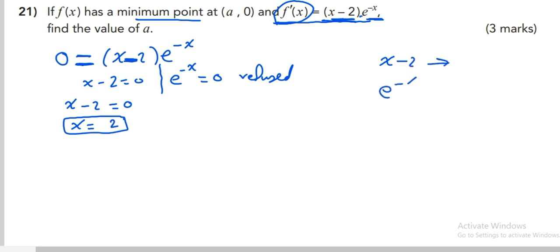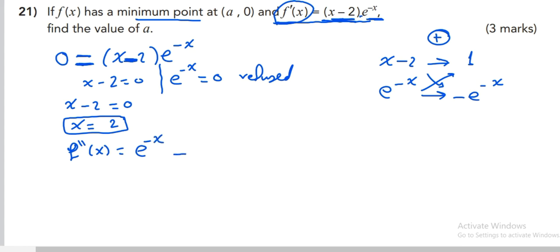The derivative of x minus 2 is 1, and the derivative of e to the power negative x is negative e to the power negative x. So f double dash of x equal e to the power negative x minus e to the power negative x multiplied by x minus 2.